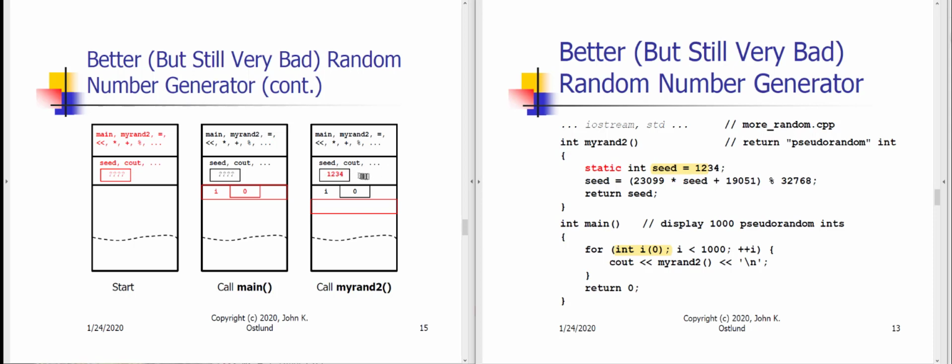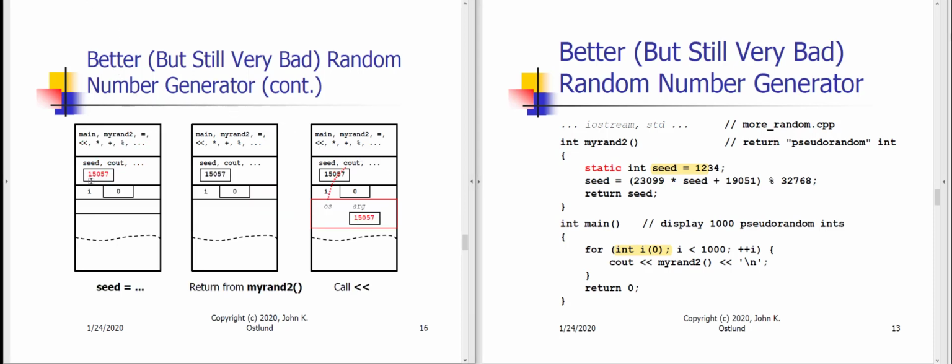Okay, so seed is 1234 now. We perform our linear congruential algorithm and we get a new value for the seed, which we know is 15,057, and that value gets returned from the myRan2 function.